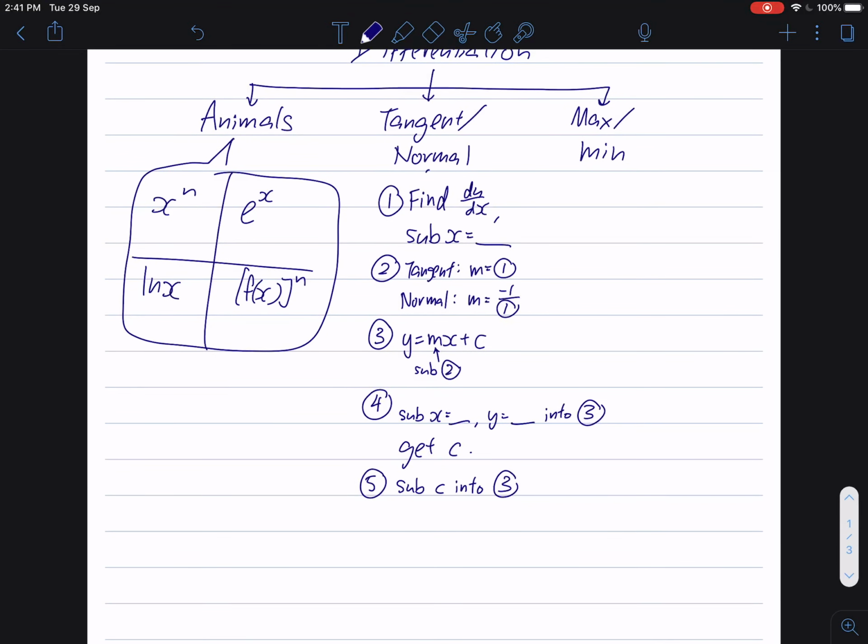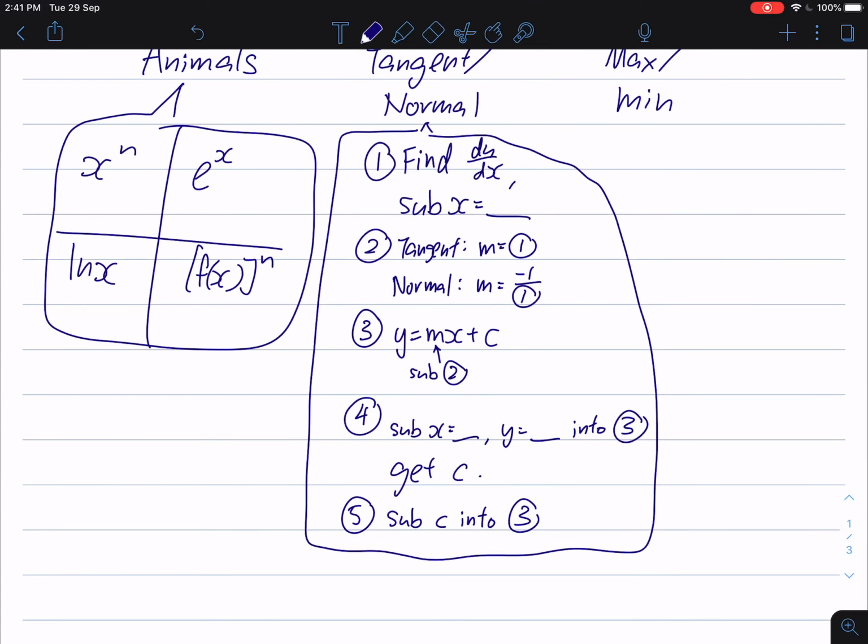Okay, these are the steps over here. So we have 3, 4, 5. Step 1 and 2 are done.